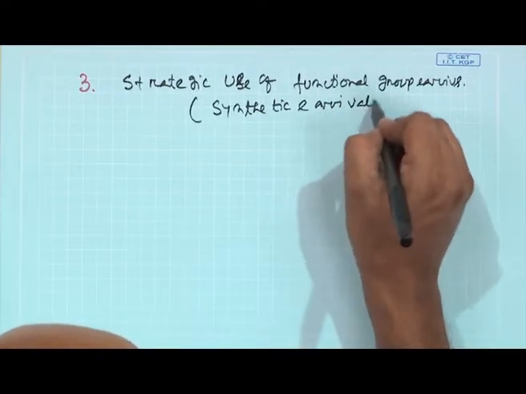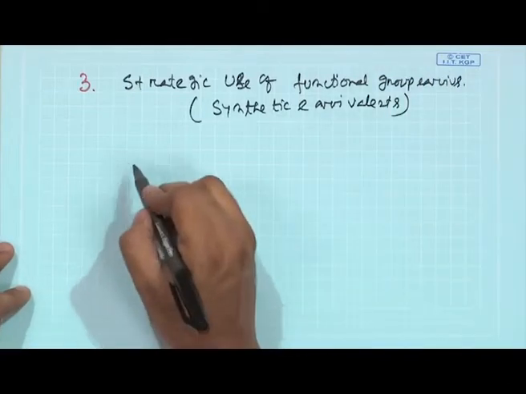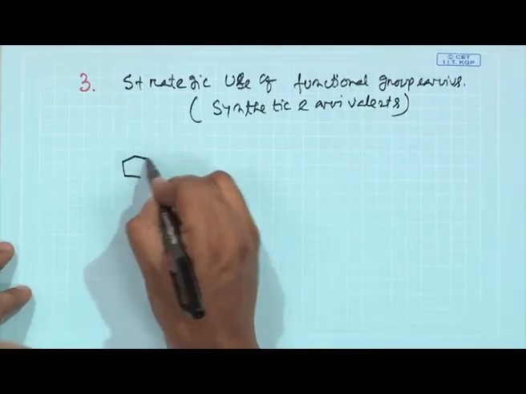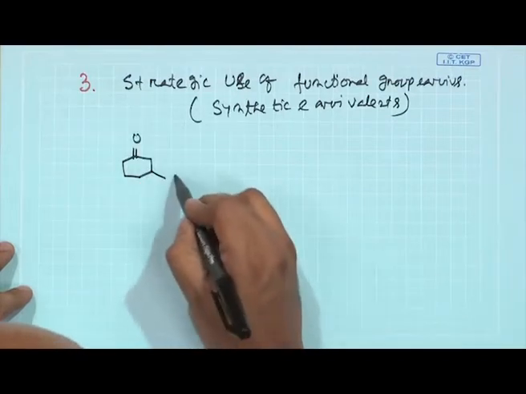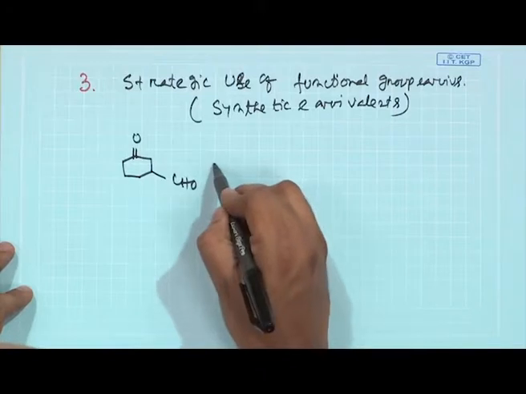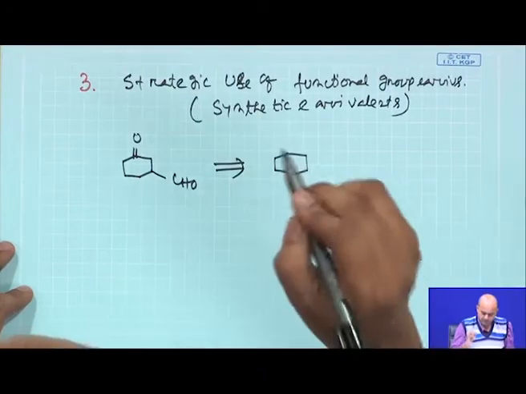We will explain what these synthetic equivalents are. We will try to give you a simple target, and actually, if you recollect the earlier lectures, we have already discussed this strategy through several reactions.